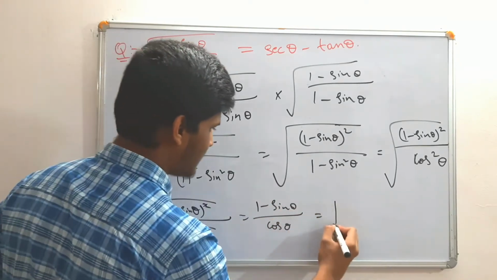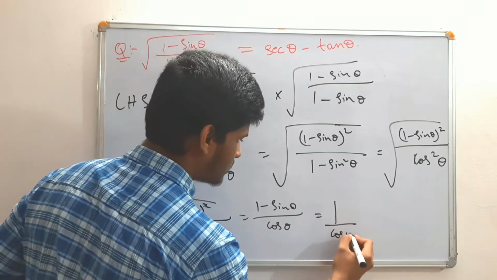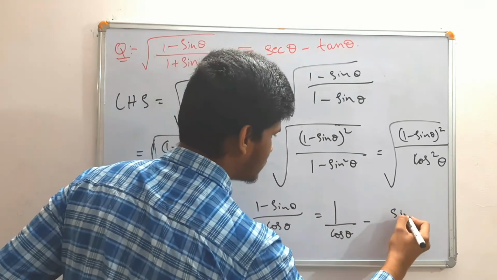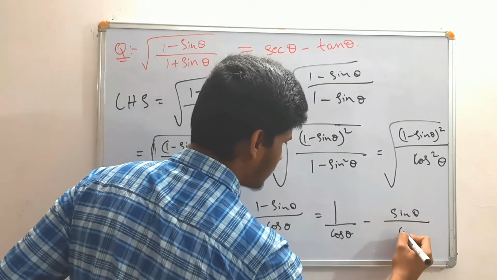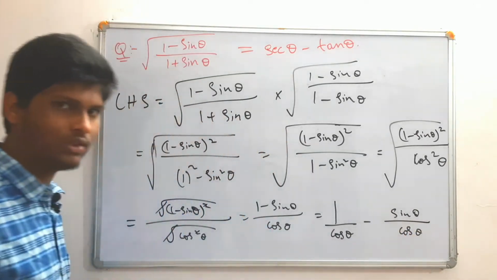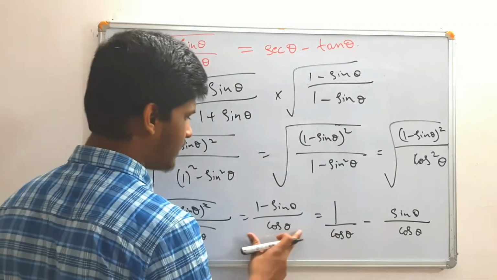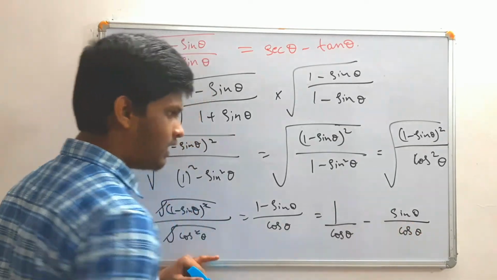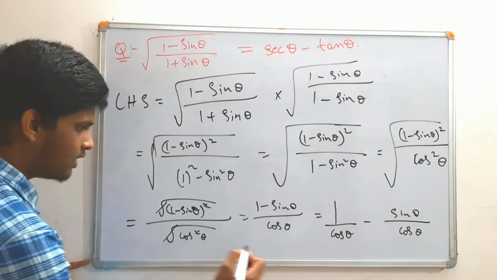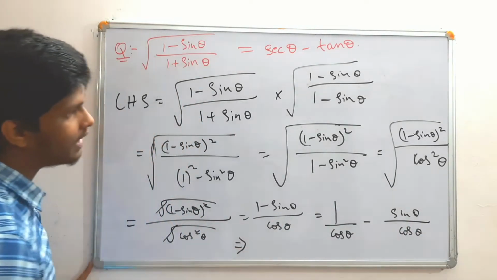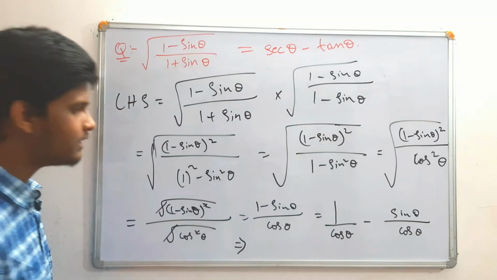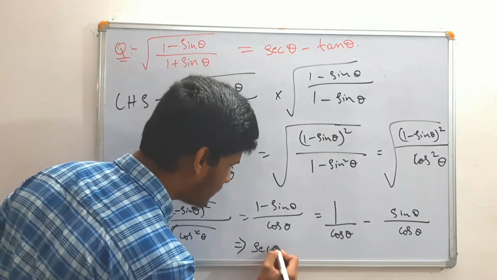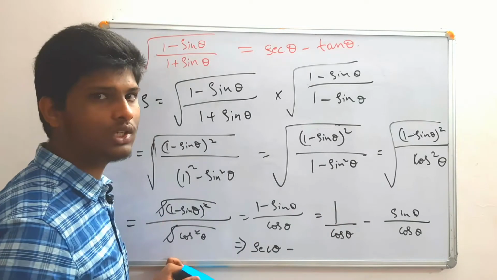So this one we can write as 1 by cos theta minus sine theta by cos theta, right? We just expanded the thing. So what value do we get here? 1 by cos theta is secant, so it is secant theta minus sine theta by cos theta, which is tan theta.